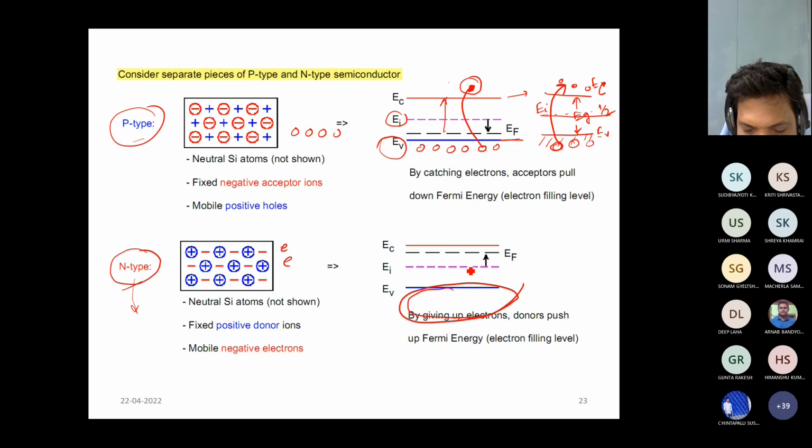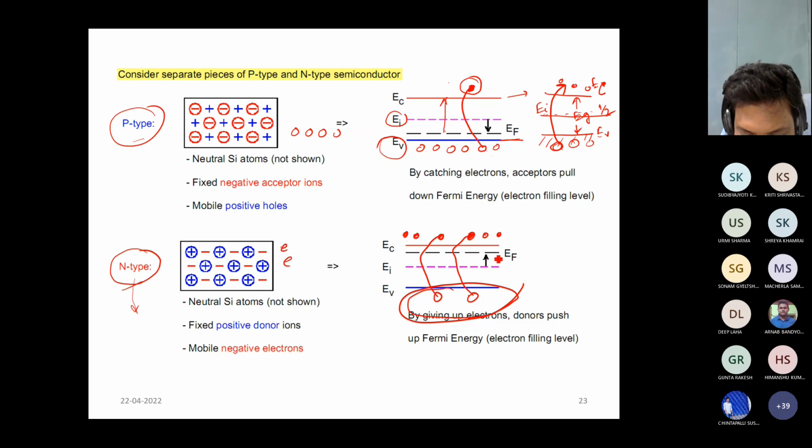Holes will be generated only when covalent bonds break, and they are generated pairwise with electrons jumping to the conduction band, whereas more additional electrons are already there in the conduction band.